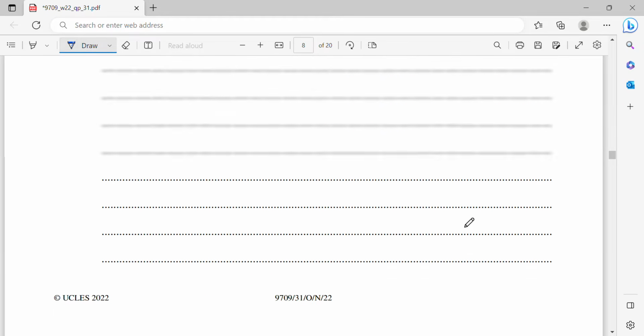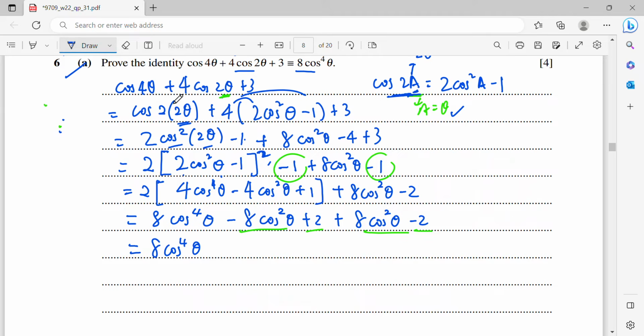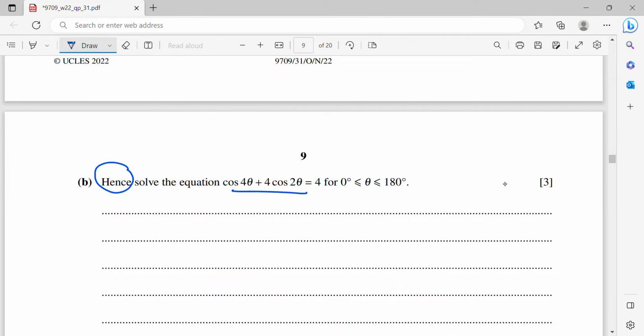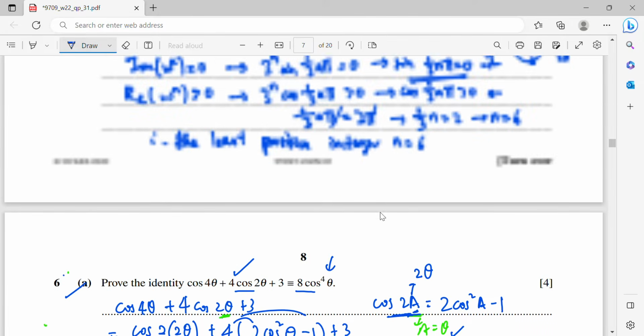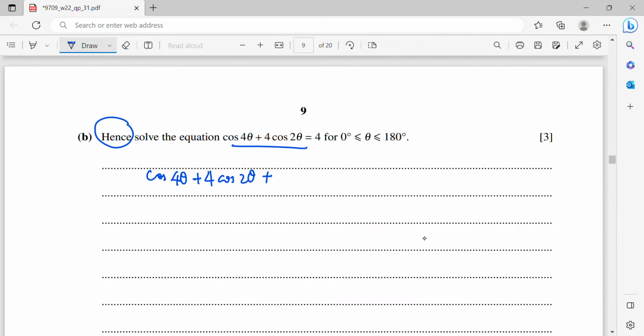So I will copy the identity that we have proven just now: cos 4 theta plus 4 cos 2 theta plus 3 equals 8 cos to the power 4 theta. So from this identity.